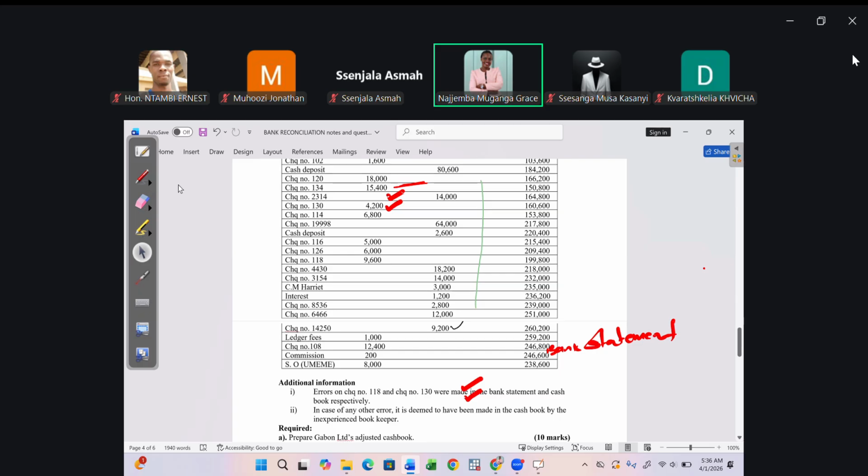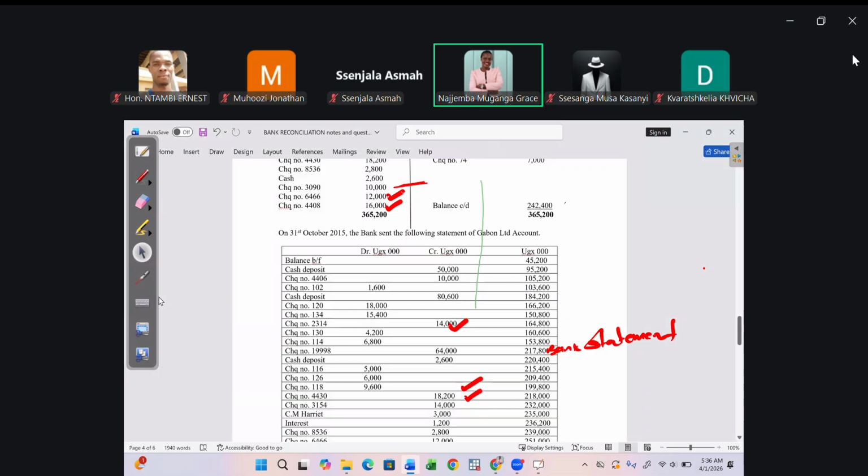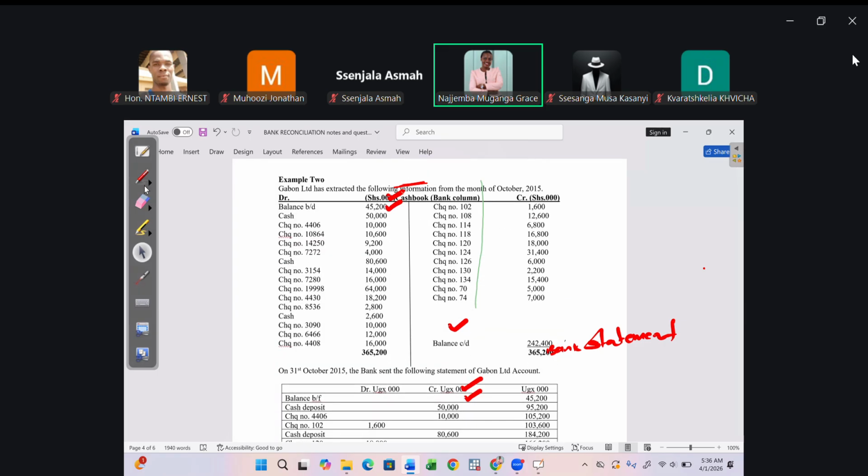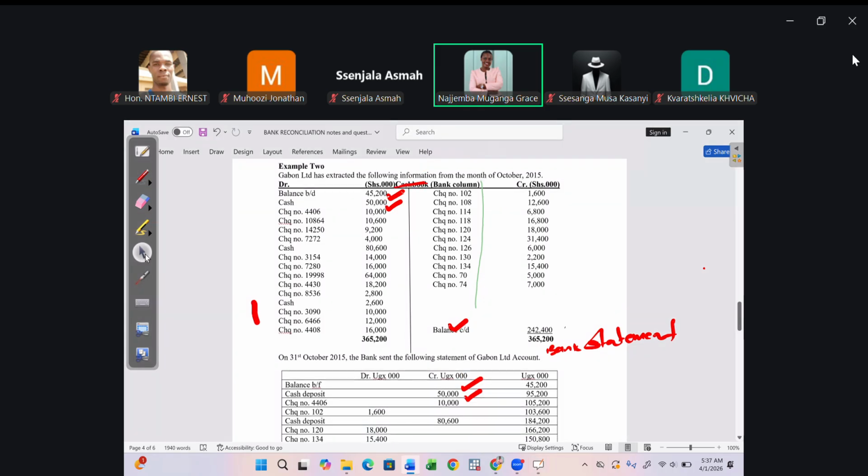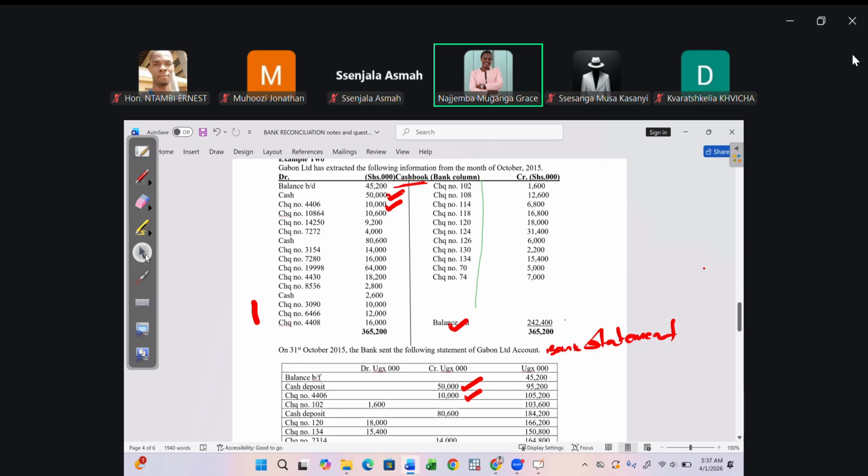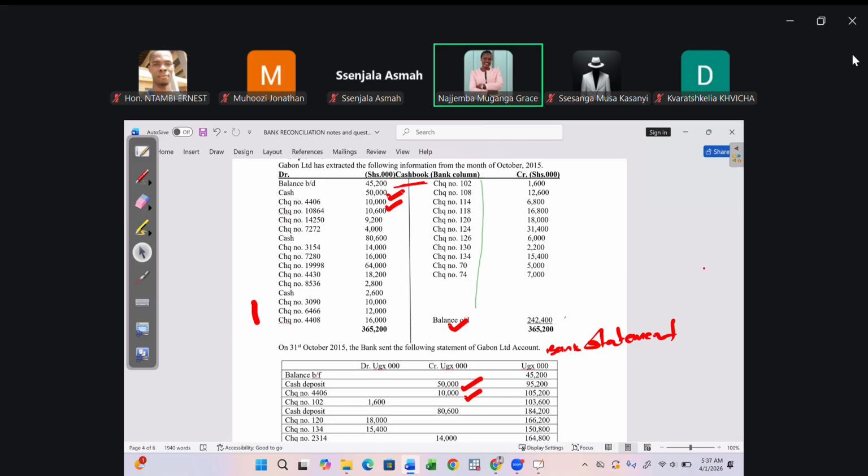So that's okay. Right amount, right side.